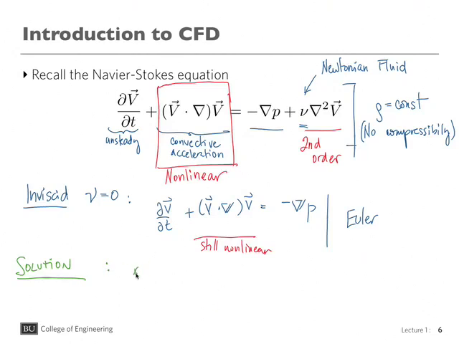A solution will have to give us the full velocity field. Notice that this is a vector, so at every single point in space, we would like to know 3 values, the 3 components of velocity, and the associated pressure field, the pressure being a scalar field.